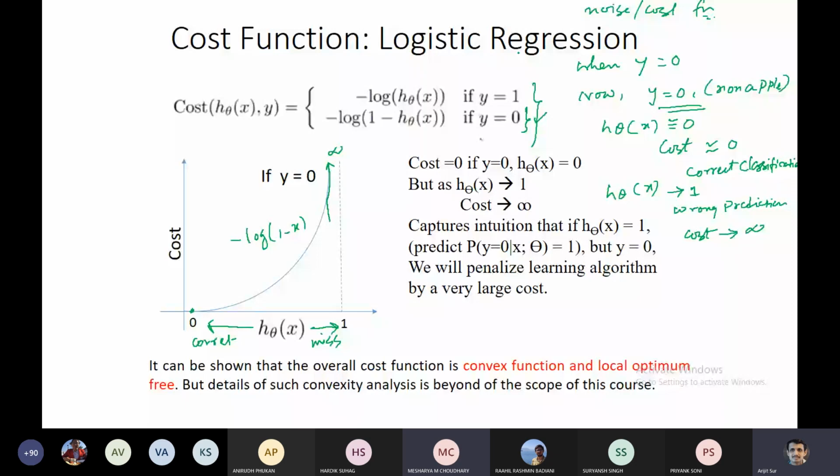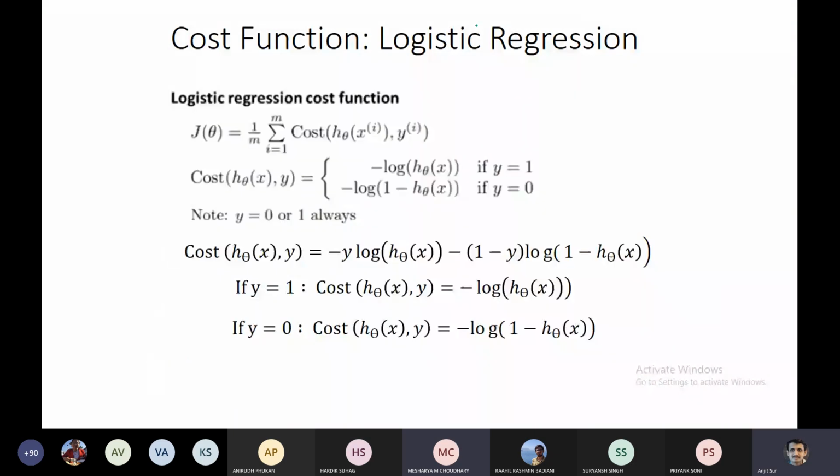Now this function looks complicated, not that handy mathematically. So what we are going to see is this: this is our linear regression cost function, and this is our logistic regression cost function.